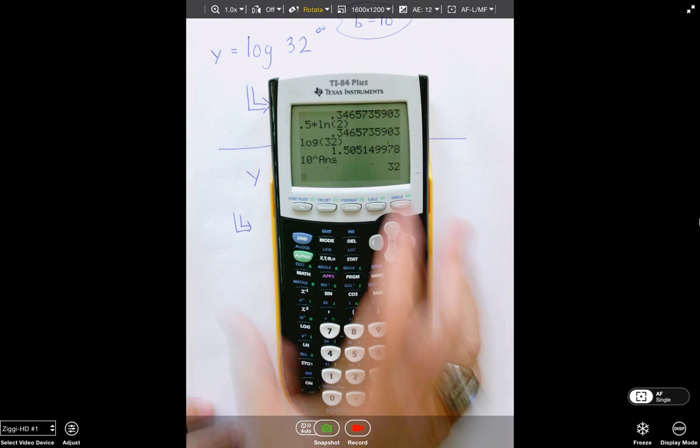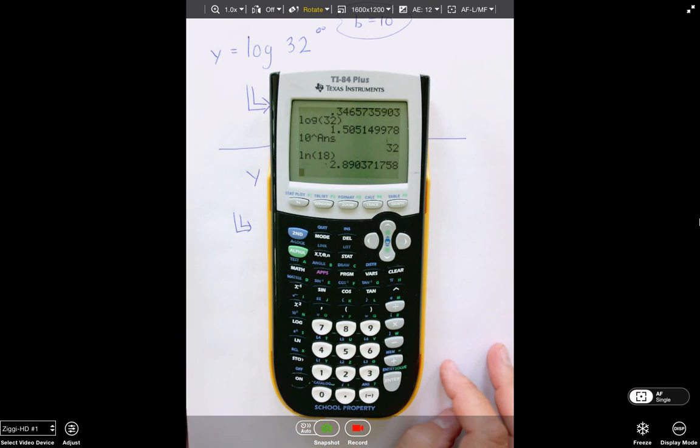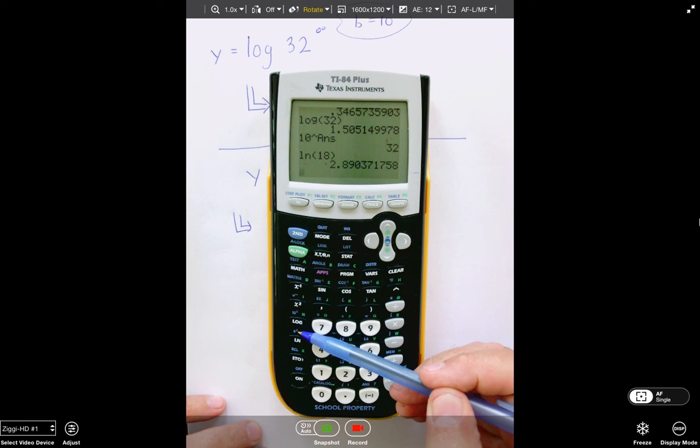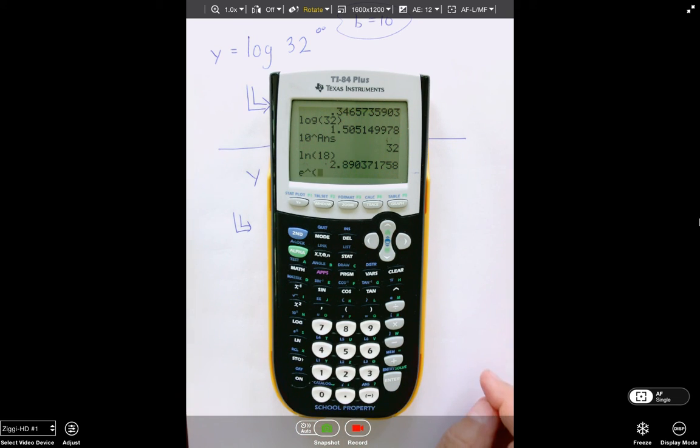So guys, when I put in my calculator natural log of 18, we get 2.89037 blah, blah, blah, because your e key is right there. e raised to that answer is going to be 18.